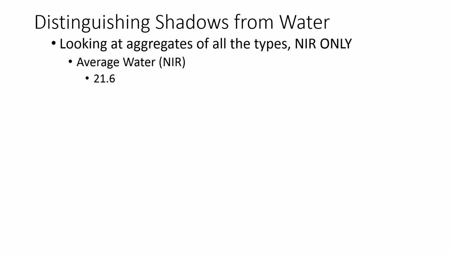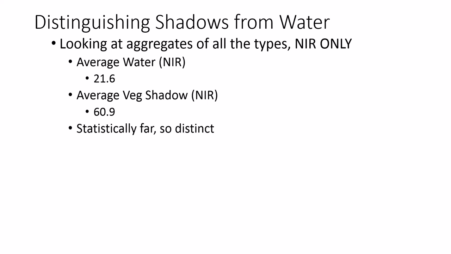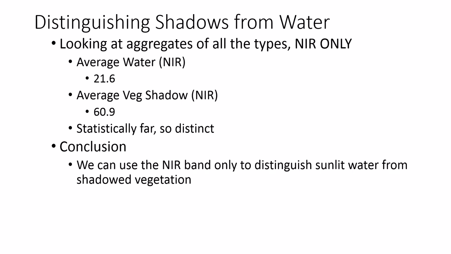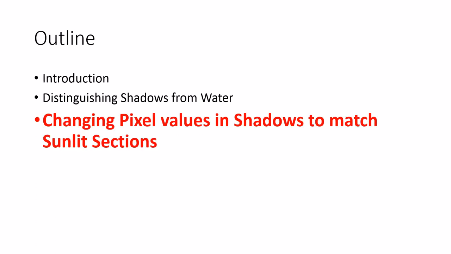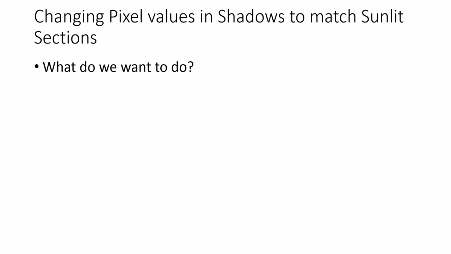But when we look at just the near infrared band, band 4, we find that for water the average is 21.6 and for shadow it's 60.9 in this particular image. And so these are statistically distinct, so we can use band 4 as a way to separate true shadows from water sections.